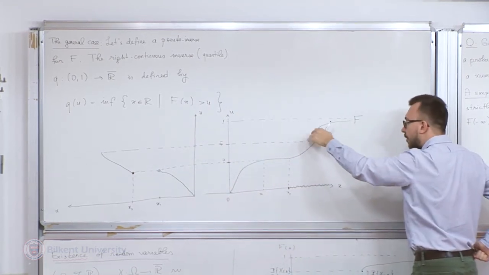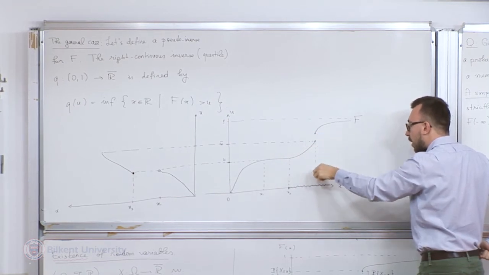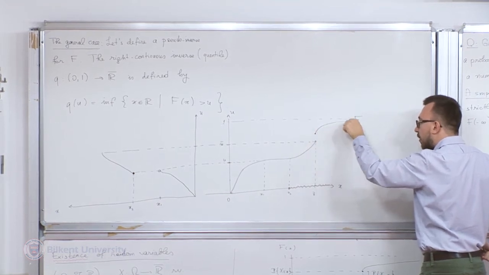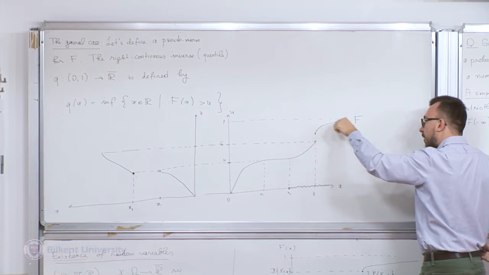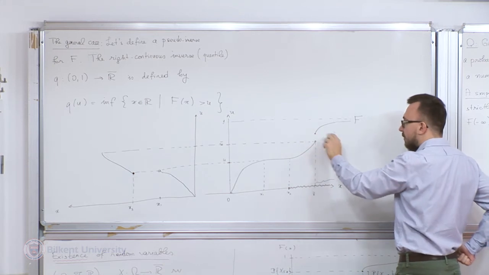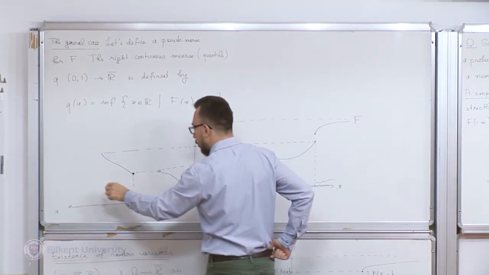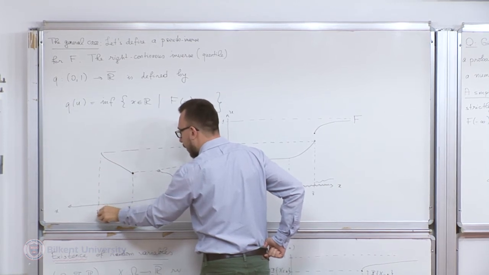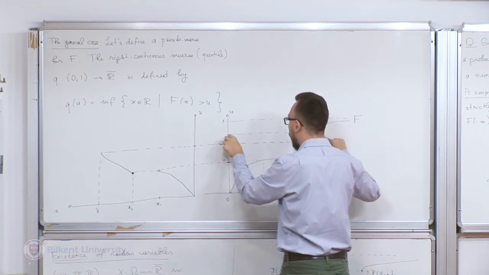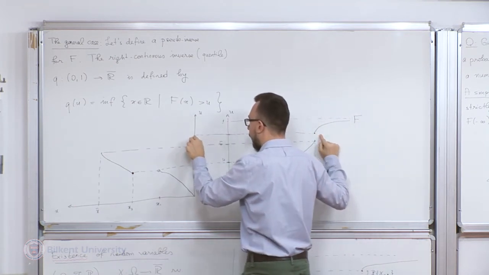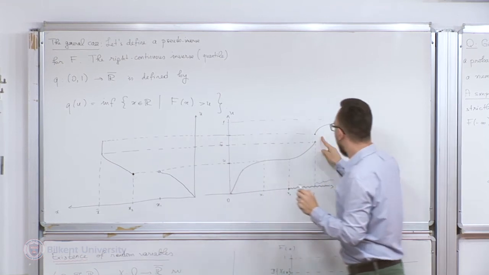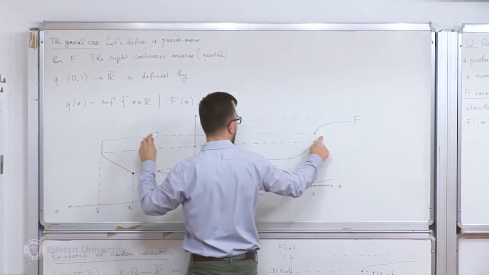Well, at that point, we are strictly above u, and we are always strictly above u in the rest of our life. So the infimum of such values is just x bar. So let's say this is x bar here. So it's going to stay constant up to this point, and then it's going to increase again.